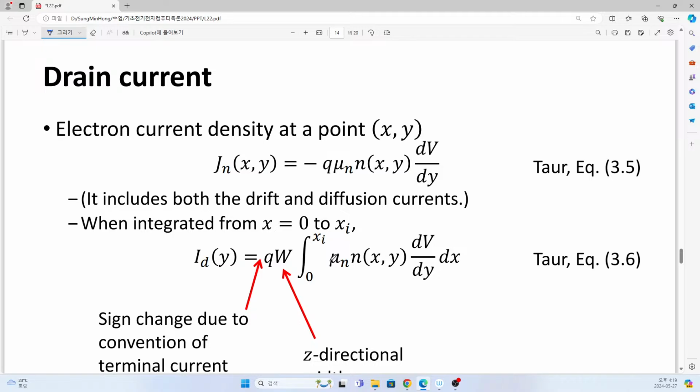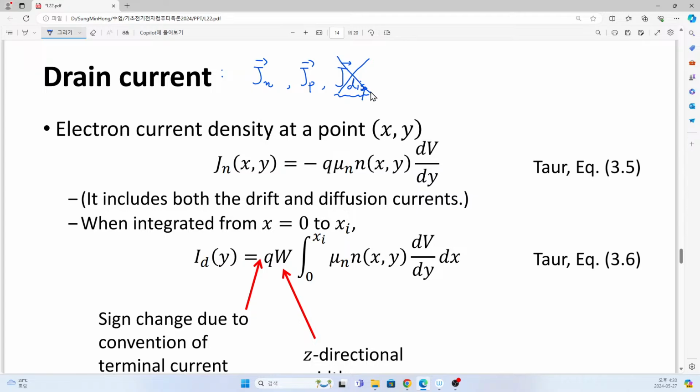Of course, drain current can contain some contribution from electron current, contribution from hole current, and even contribution from displacement current. However, this component is not important when we consider steady state.